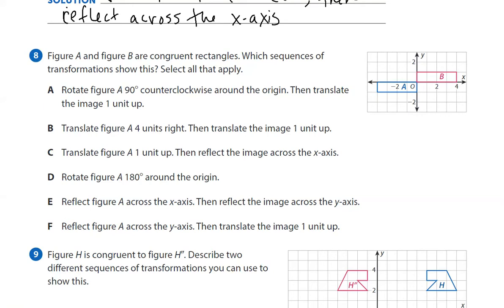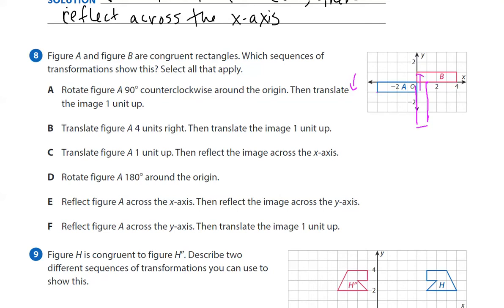Okay, rotate figure A 90 degrees counterclockwise. So 90 degrees counterclockwise around the origin. So that's going to be that way. Oh, goodness sakes. It's already hanging down here. Then translate it up one.